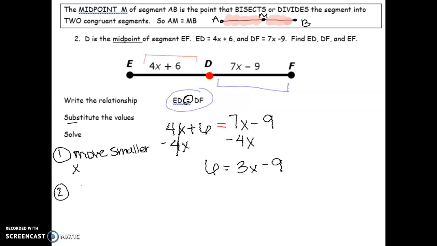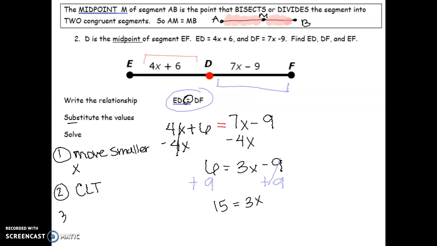Then we are going to combine like terms. So I am going to be moving this 9 over with my 6 so I can have like terms. So plus 9 here, plus 9 there. 9 plus 6, that is 15, equal to 3x.